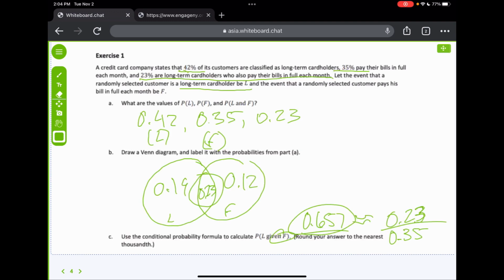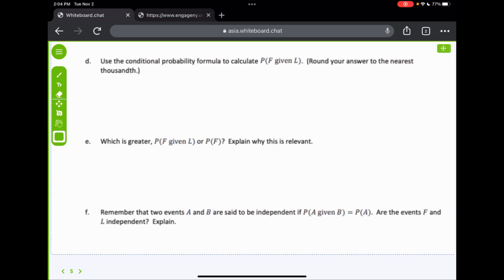Oh, no. We need to say F given L. Okay, so that's just the exact opposite. We're going to have 0.23 over the 42 hundredths. And that's going to be approximately 548 thousandths.